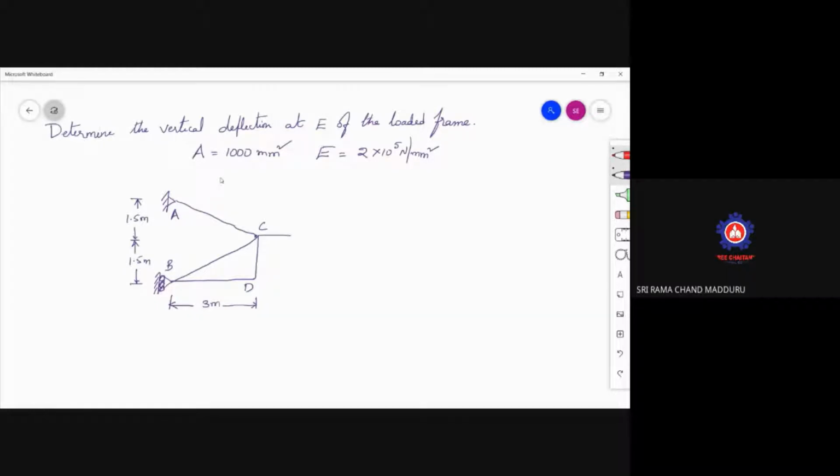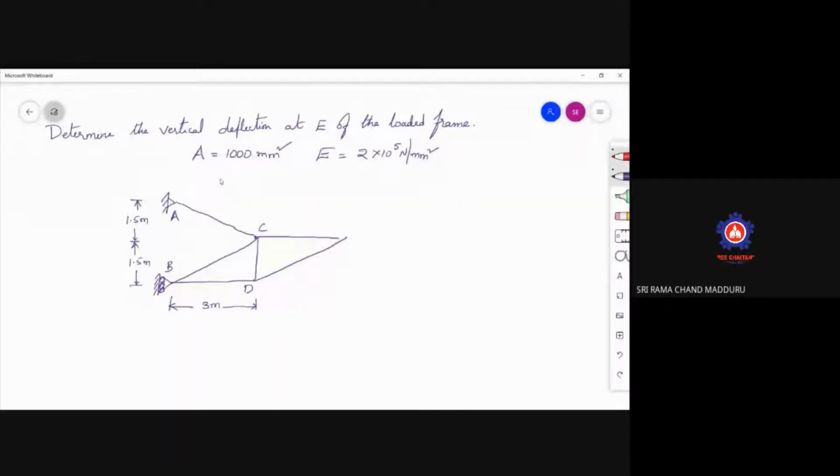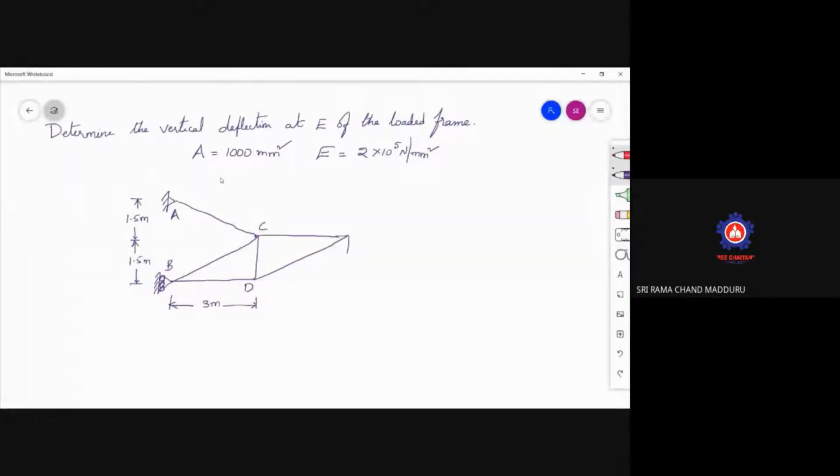Now at joint E, a force of 10 kilonewtons is acting. This distance is 3 meters.